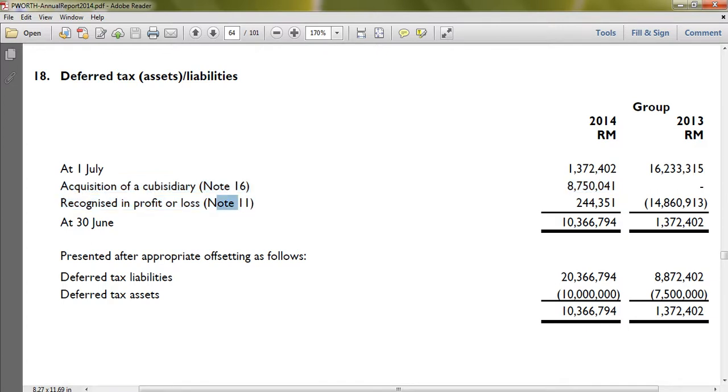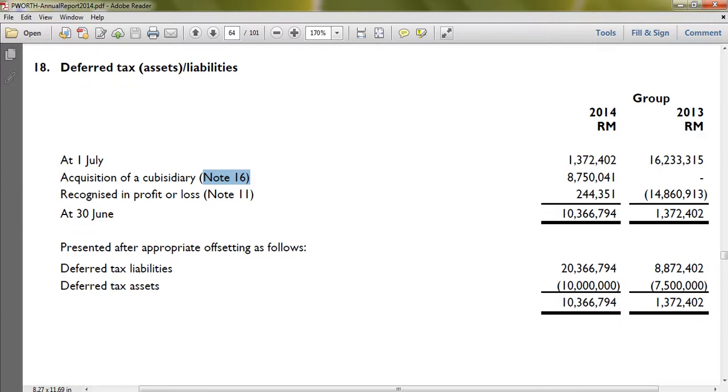So sometimes you need to go back to note 11 and then note 16. This is a note that you need to take notes on. That's why sometimes a printout is much better, so you have a better understanding. You can make some notes over there and then reference back, which gives you a parallel reference.